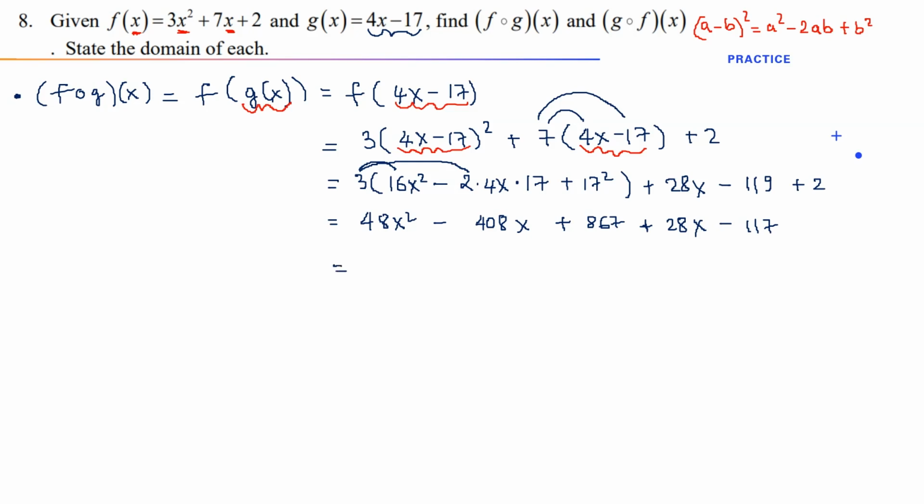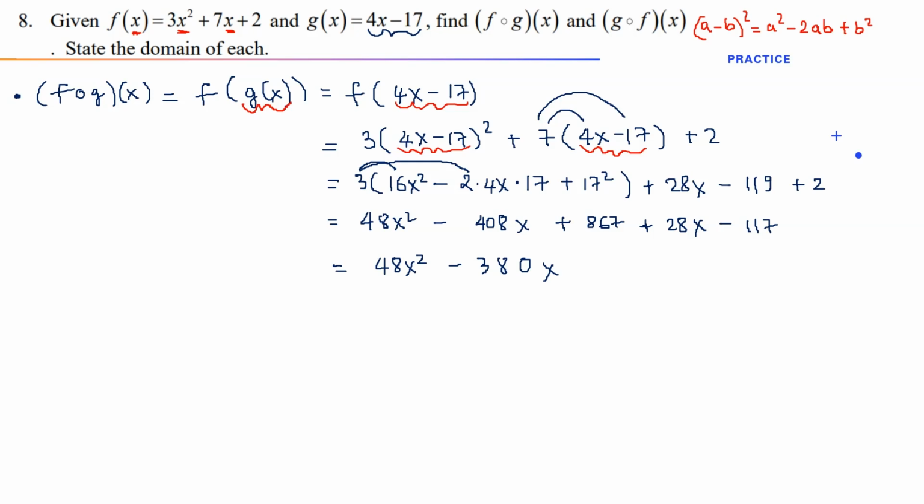Okay, that equals 48x squared. Now combine like terms. Negative 408x plus 28x will be negative 380x.